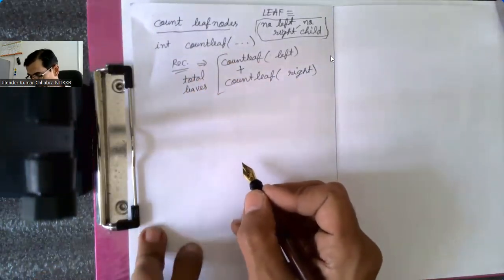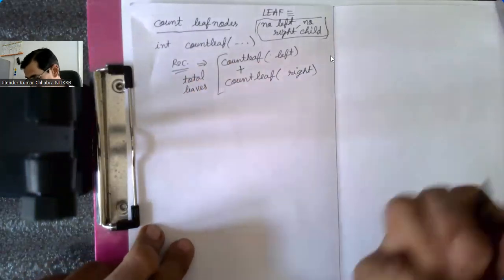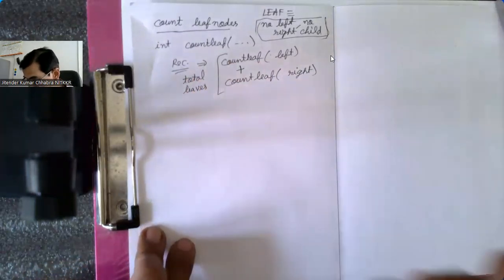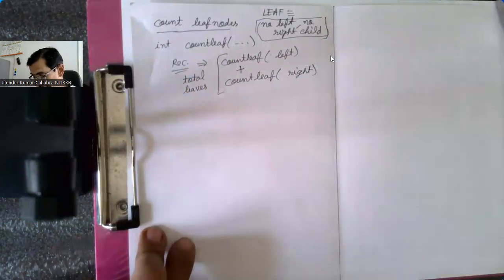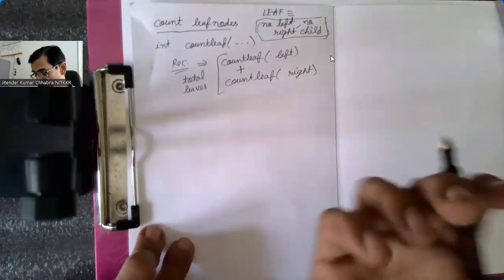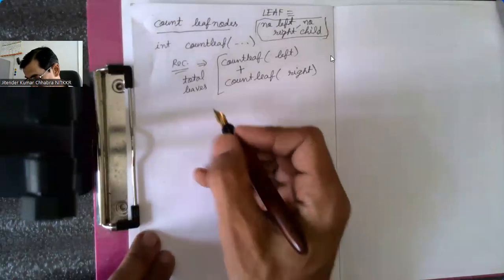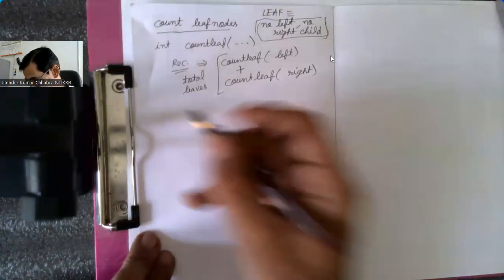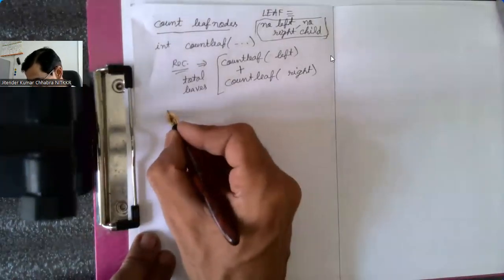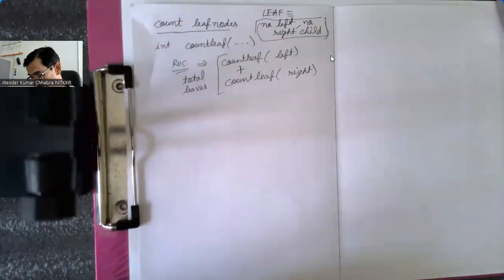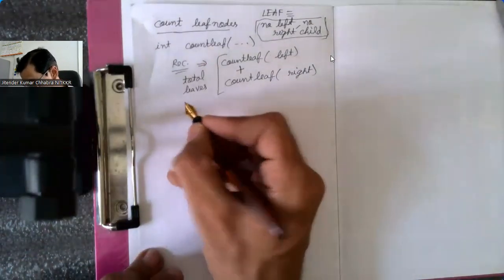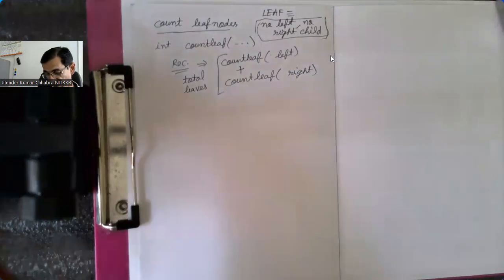And of course, stopping criteria will mean if root is null, obviously count is 0. But if root had no left and right child, then it will become a leaf. Otherwise, it could be there. So that can be an additional point which you must check, because at some point you must be able to tell when it is a leaf. So it is a leaf when this node exists, but its children don't exist.